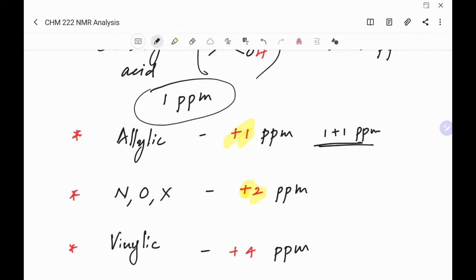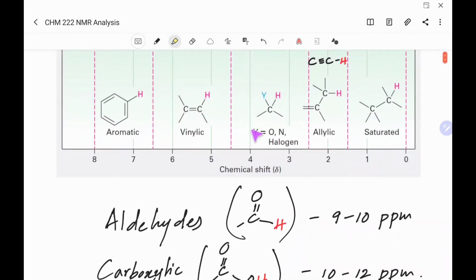If you have an electronegative atom next to your hydrogen, it will add +2 to the chemical shift. So it will be 1 + 2, which is around 3 ppm. And a vinylic group typically adds around 4, so it will be around 5 ppm. These shifts in chemical shift are calculated from your table.